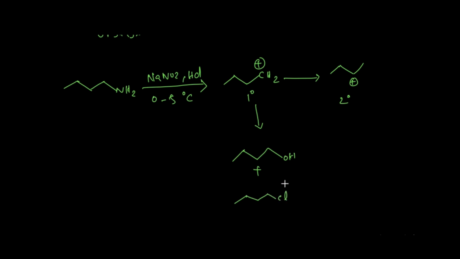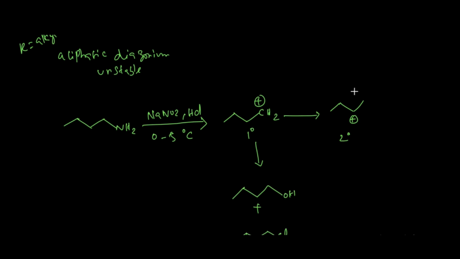Here, after the rearrangement also we can get products this way. So this is also possible. Okay, we will get a mixture of products. At the same time, this one will also undergo elimination.